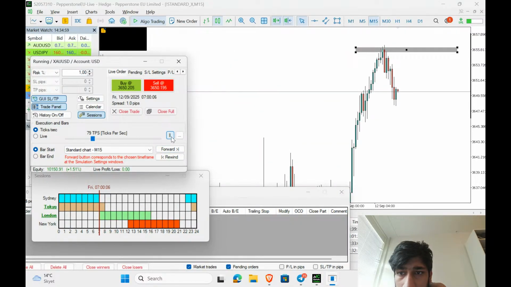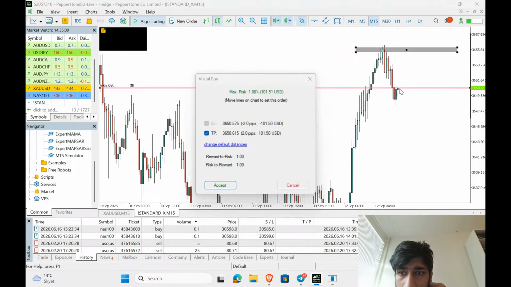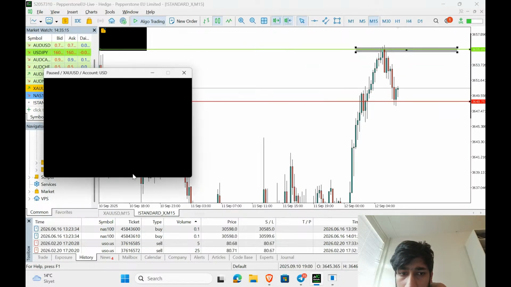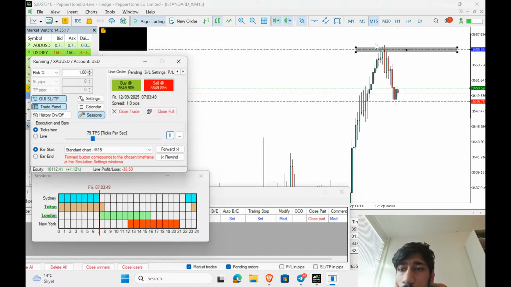Yeah, buys make sense to me as well. Honestly, it's very hard for me to see market structure in this TradingView chart.